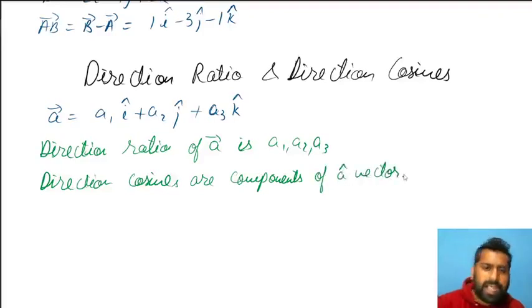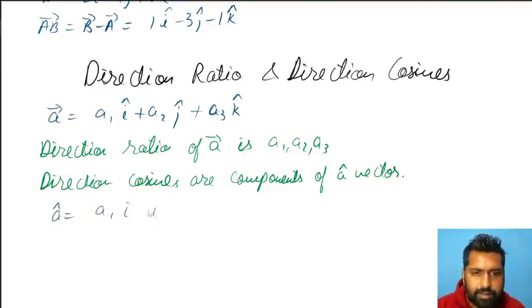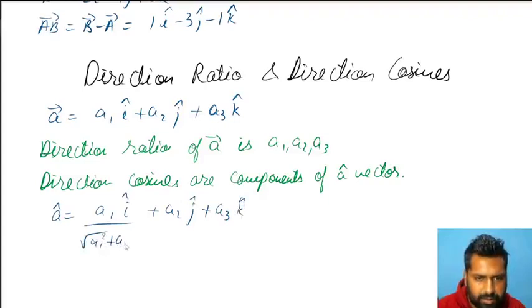So you convert any vector to a unit vector and look at its component. Right now your components are A1, A2, A3. So first of all, convert this into unit vector. So A vector will be A1i, A2j, A3k divided by its magnitude. And what's the magnitude? Root A1 square, A2 square, A3 square.